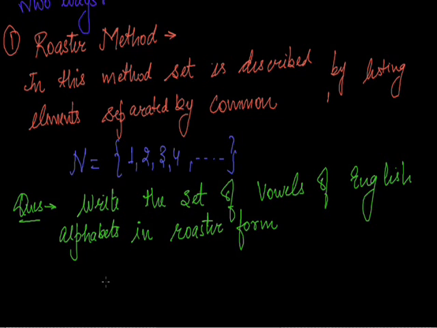What do we have to write? We have to write the set of vowels of English alphabets in roster form. We have to write only vowels. So we start with curly braces and the vowels are a, e, i, o, u, and these are separated by commas. So this is called the roster form.